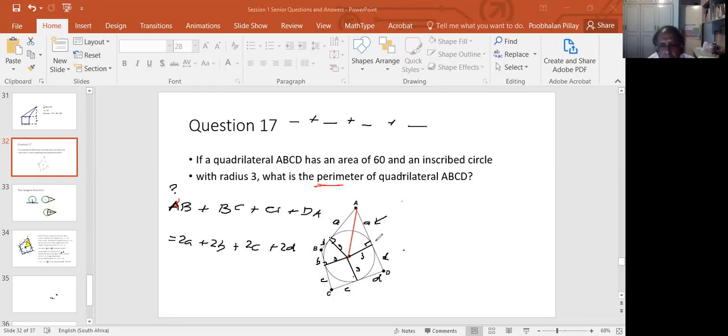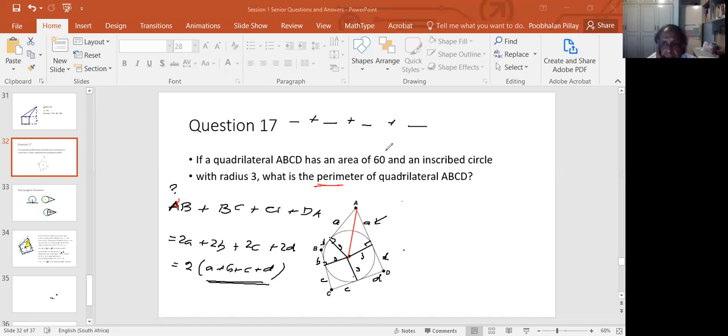So we're back to the starting point. So this is the perimeter. Well, that's 2 can come out into a plus b plus c plus d. So the problem now is to find out what is a plus b plus c plus d.